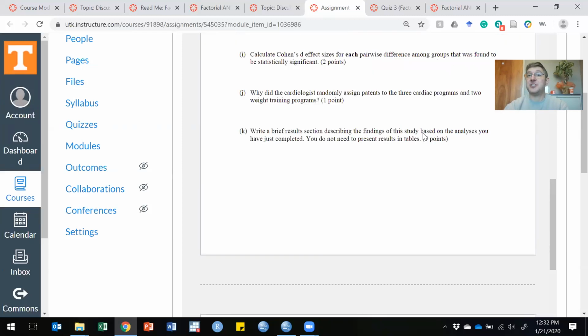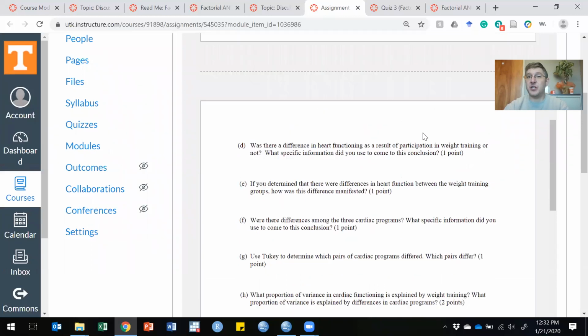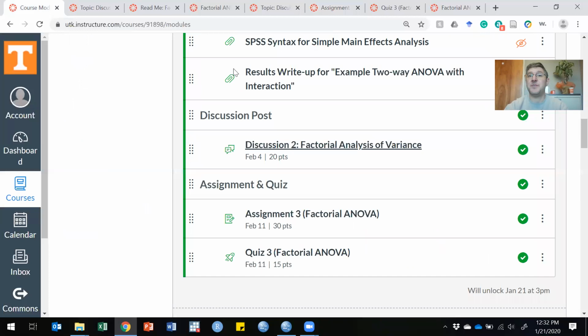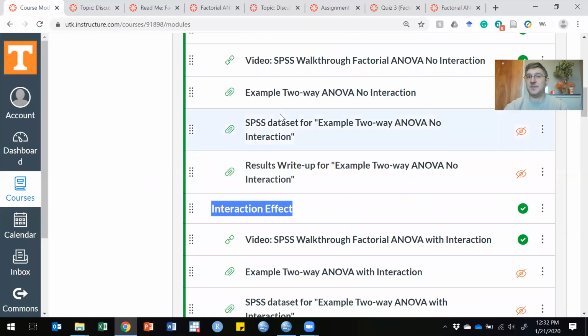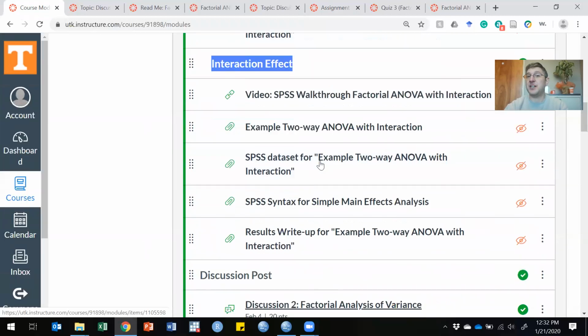And the analysis should follow along very similar to the 2 examples that we have in class as well. One of them will be a 2-way ANOVA with no interaction. Another one will be a 2-way ANOVA with an interaction.